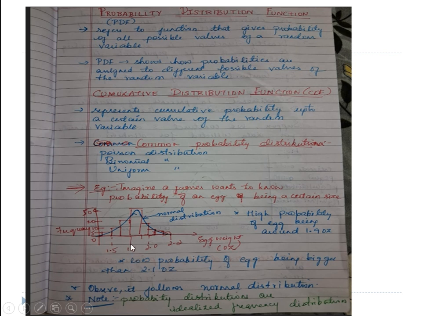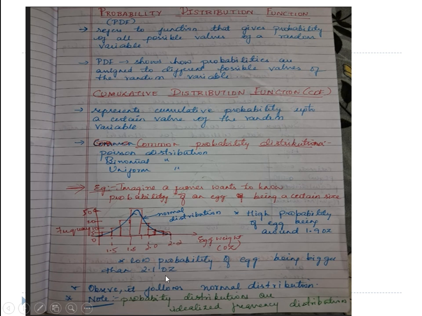For the weight between 1.8 to 2.0, you can see the highest frequency, that is 50. That frequency tells us the probability of an egg being that size. And again it reduces. So there's a high probability of the egg being around 1.9, and a very low probability of the egg being around 2.1.